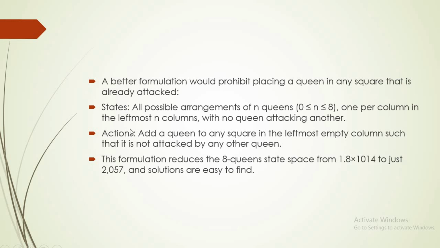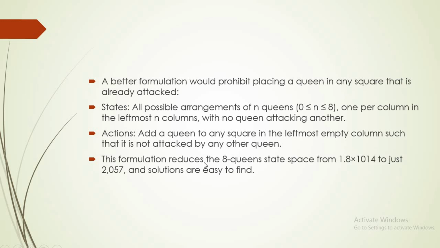The actions add a queen to any square in the leftmost empty column such that it is not attacked by any other queen. Because we already know that if we put a queen in any column, it will attack. So we start with the next column and move the queen to check; if it is not attacked, then we place it and we continue.